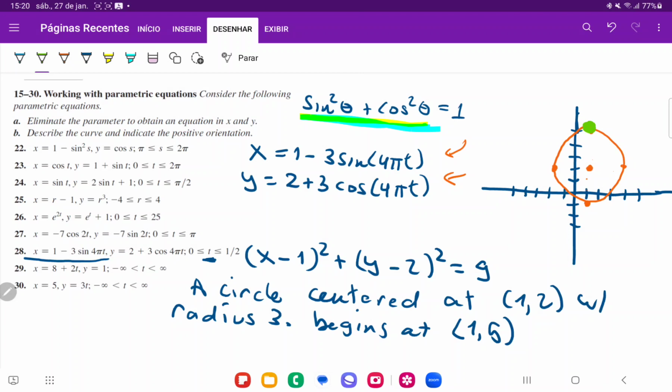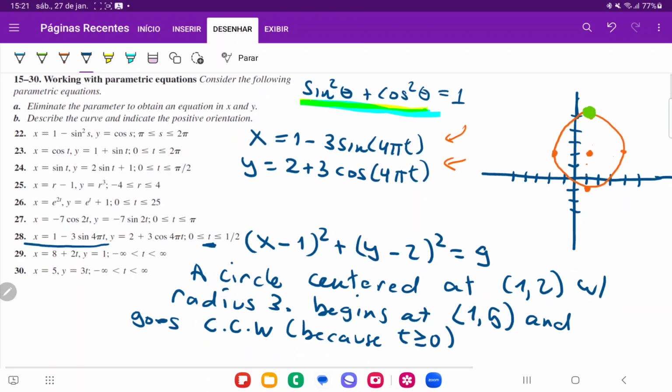If t were negative, then we would go clockwise, but t is positive, so we're going to go this direction. So I'm going to say it goes counterclockwise, and I'm just going to put here because t is greater than or equal to 0, and it goes counterclockwise.